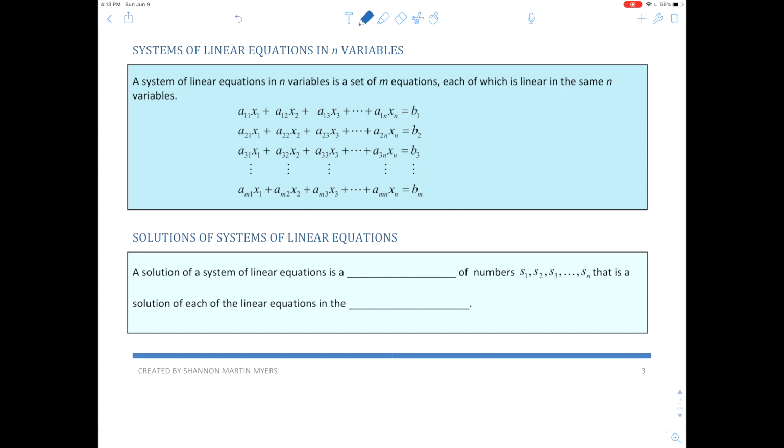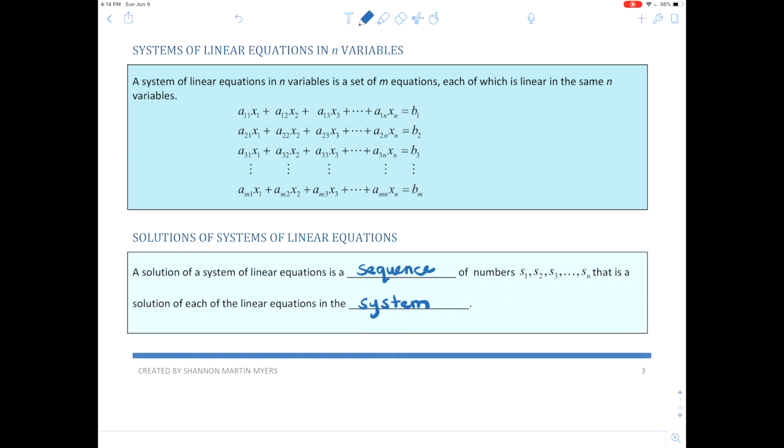All right. So solutions of systems of linear equations. A solution of a system of linear equations is a sequence of numbers, s1, s2, s3, down to sn, that is a solution of each of the linear equations in the system. So the solutions that you get have to work for every equation in the system.